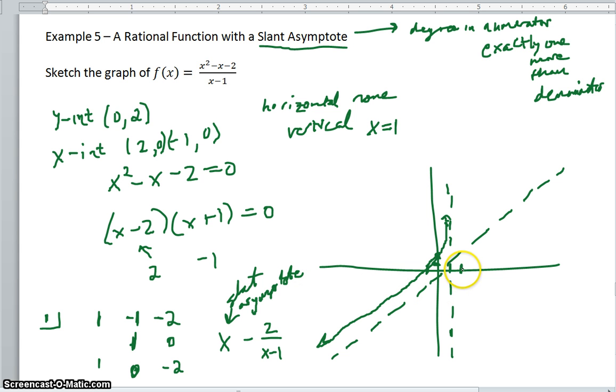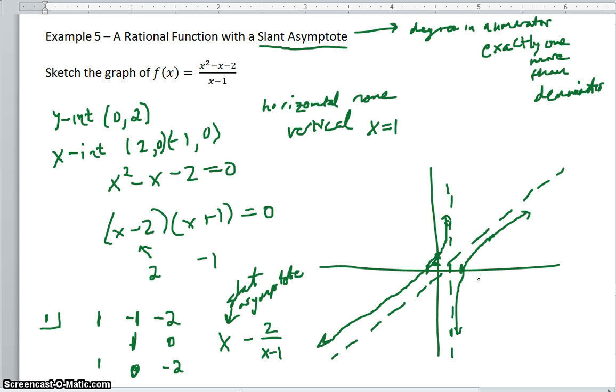Okay, this x-intercept is going to go up, and it's going to follow this imaginary line here. It's going to follow that line, and then it's going to go back down towards this vertical asymptote.